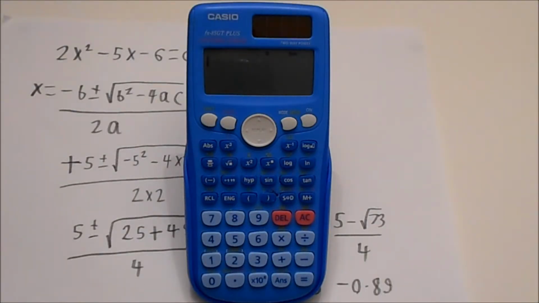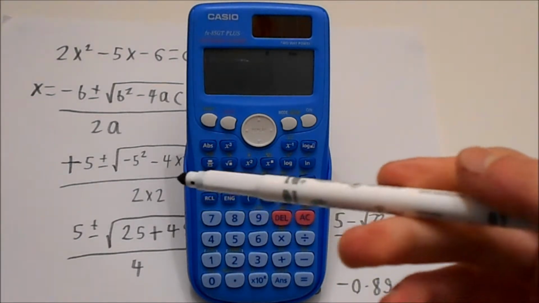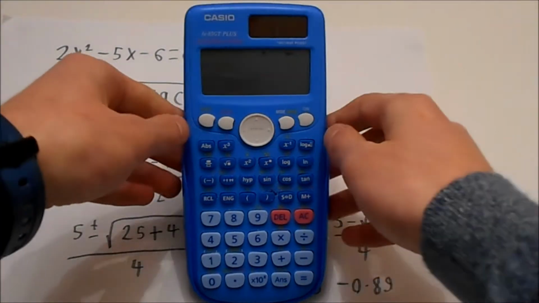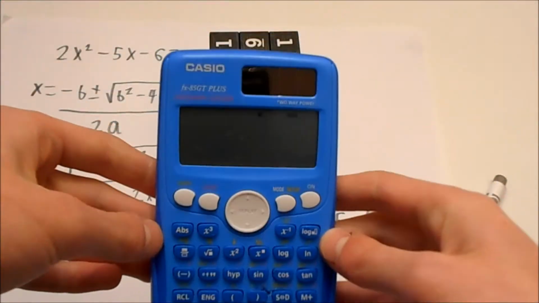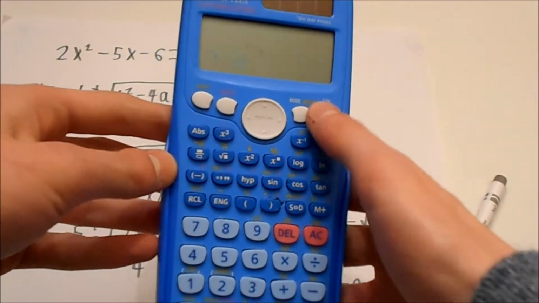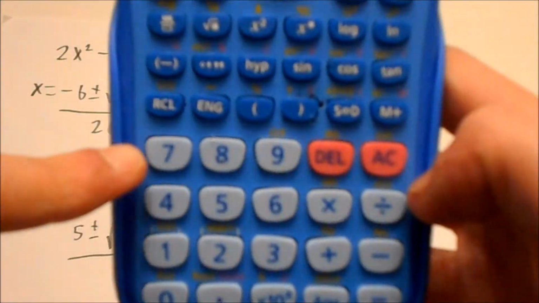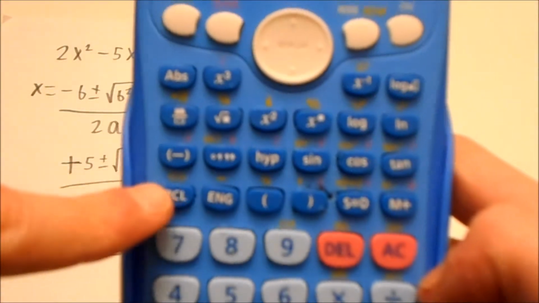Now I have actually seen another way to solve a quadratic equation using the quadratic formula on a calculator. So on a calculator like this one, which is a Casio FX85 GT Plus, there's a button here which you can't see very well. Above there it says STO.